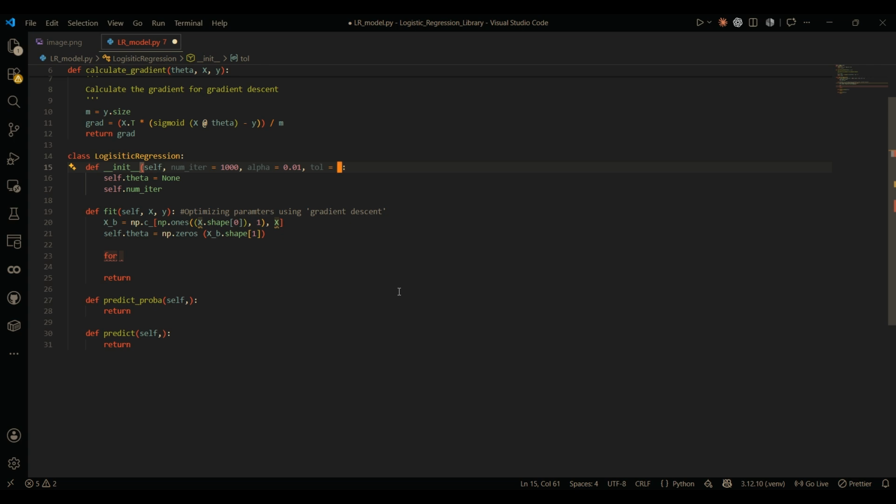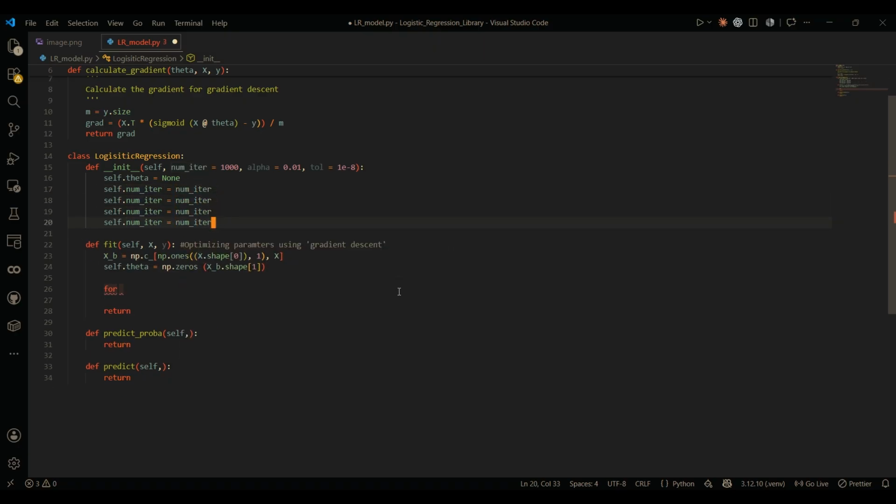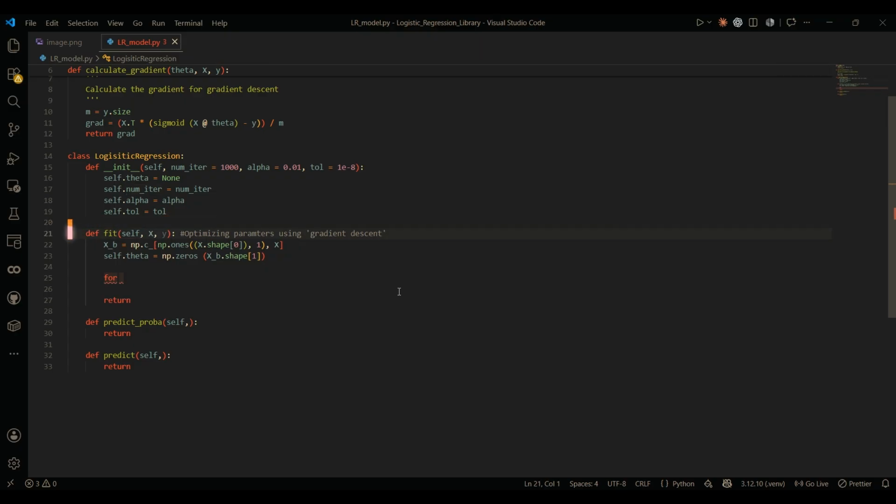The tolerance is the parameter that dictates how close the gradient could be to 0. Here I would say it's 1e-8, which is really small, almost 0. So num_iter, alpha, tolerance, I think that's it.